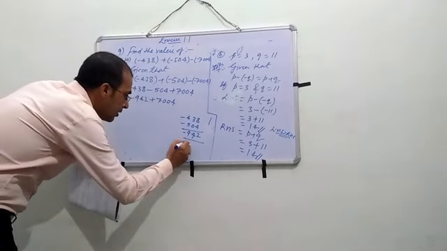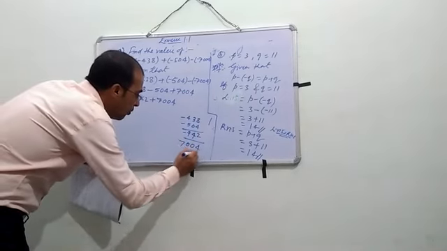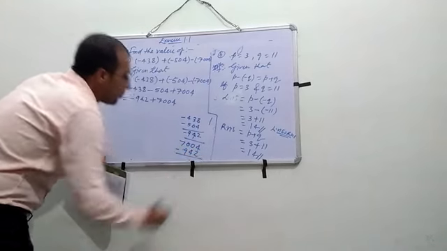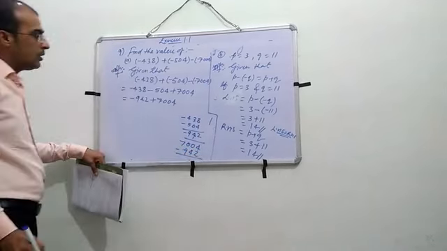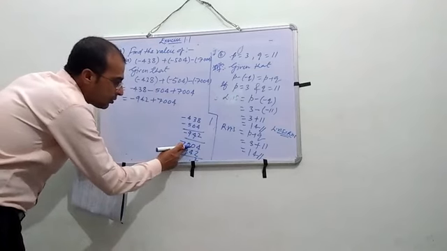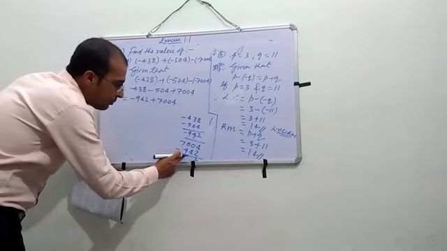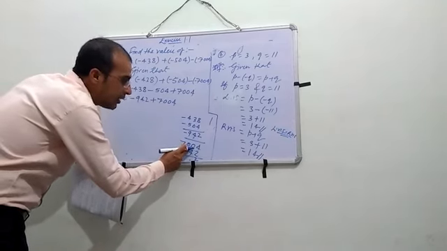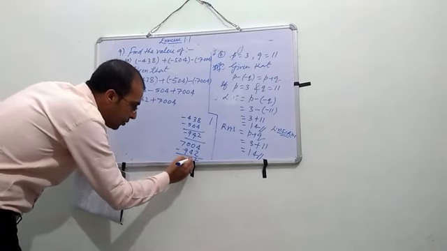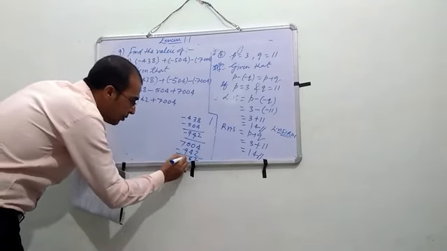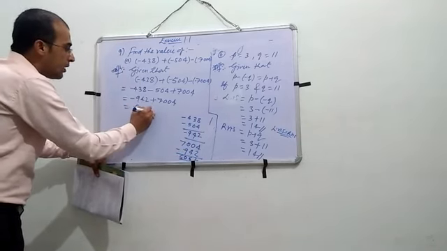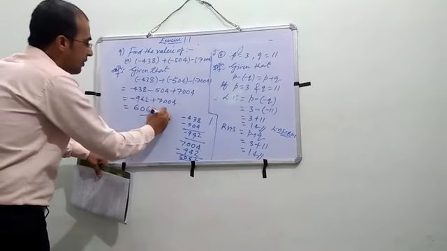So how can you subtract? 7004 minus 942. 4 minus 2 equal to 2, and this is 0, this is 0, so this number is greater, we cannot subtract, so you will take the carry from here, then this will be 10, again you will take the carry, then this will be 10, this will be 9. 10 minus 4 equal to 6, and 9 minus 9 equal to 0, and here 6. Then your result will be 6062. This is your answer.